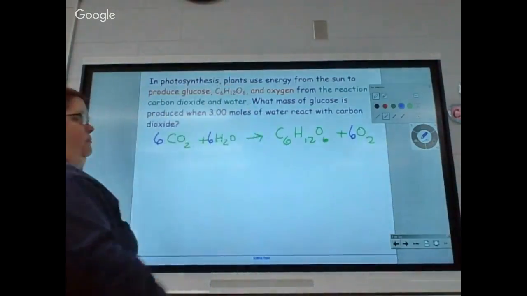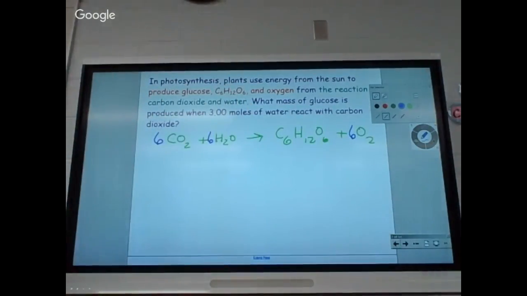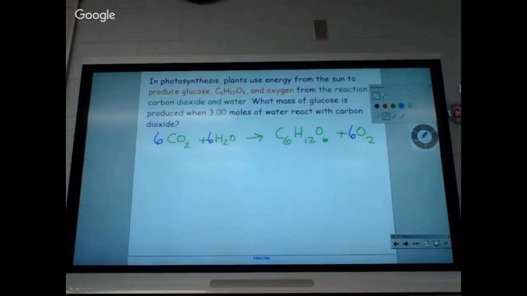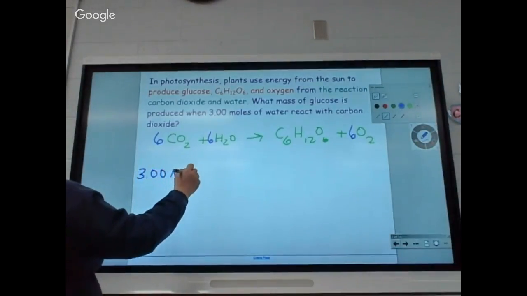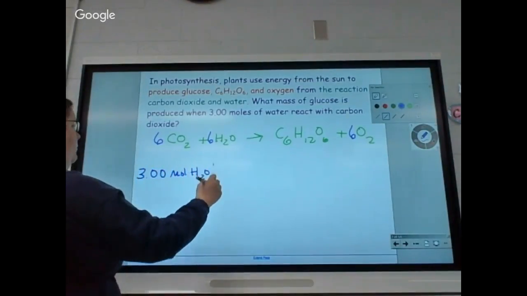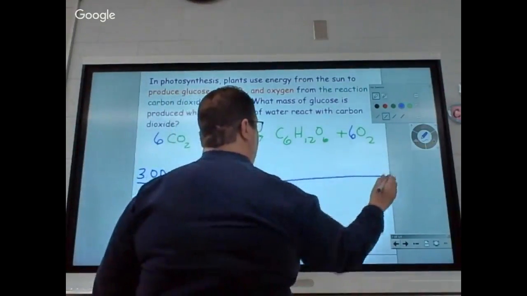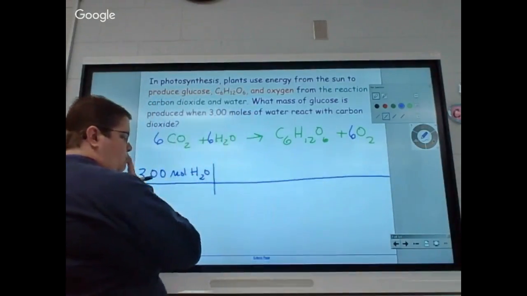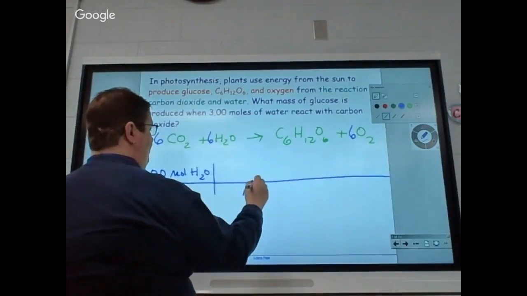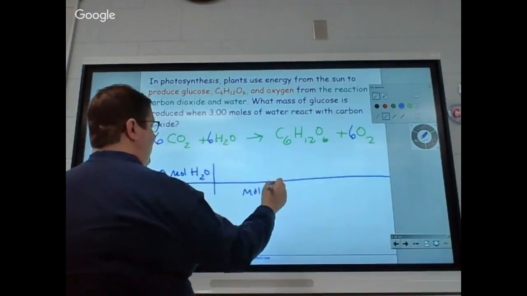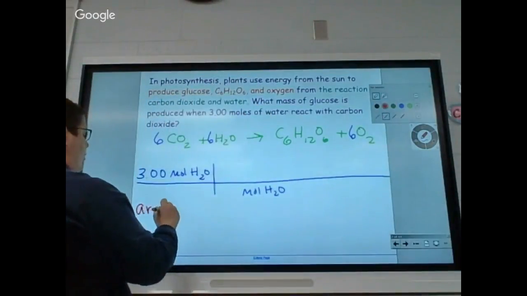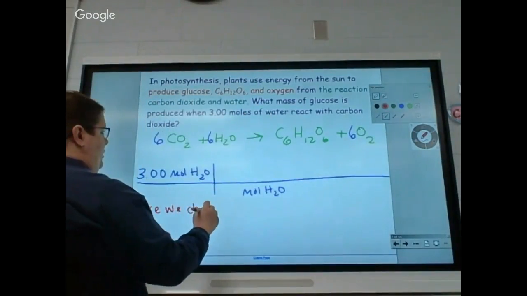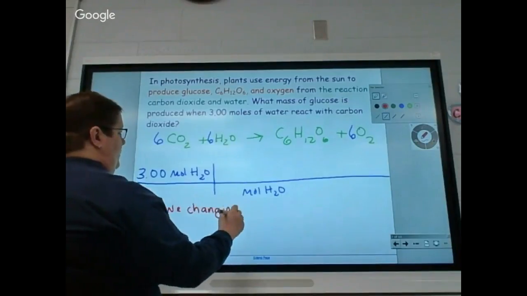So this time, what was I given in the question? 3.00 moles of water. So what goes on the bottom? You're asking yourself, are we changing compounds?